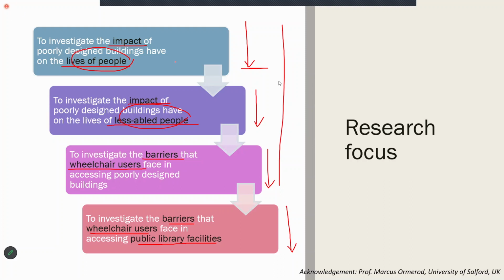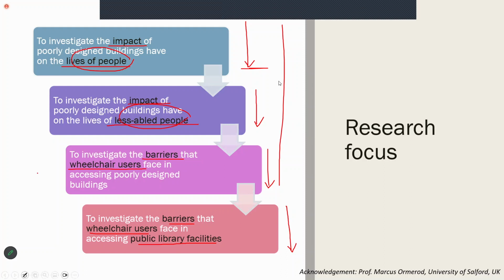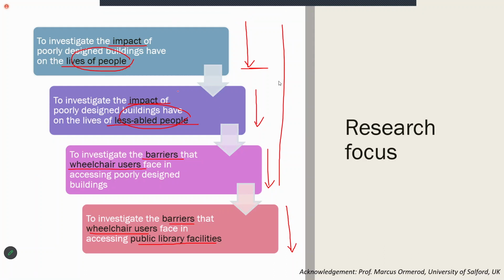So remember, your study also can be narrowed down based on these, and then the aim will be based on these, right? So you cannot have an aim, we'll say, to investigate the impact of poorly designed buildings on the lives of people, and do the study only about, we'll say, the wheelchair users.